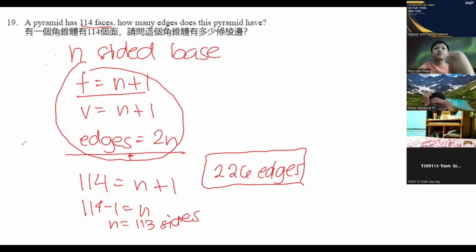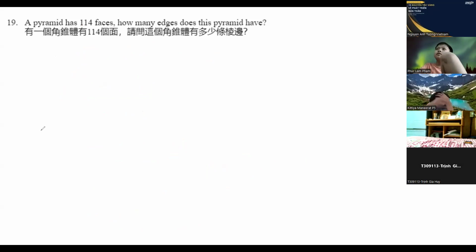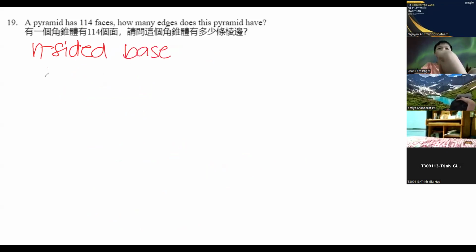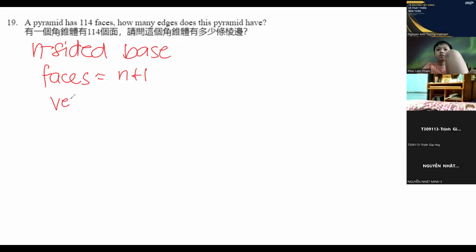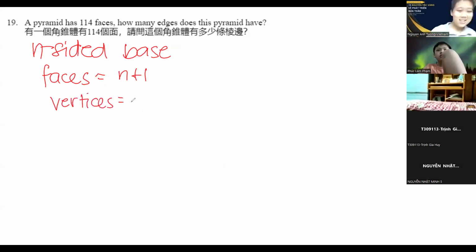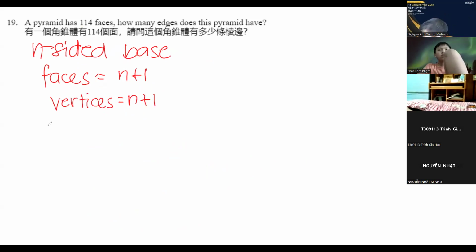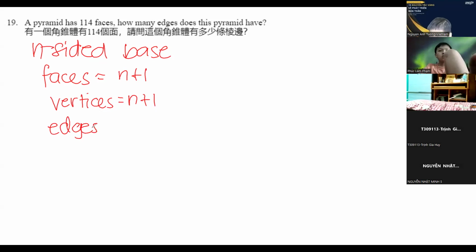Okay, one more time. To be able to answer this one, you have to memorize the formula. If you have a pyramid with an n-sided base, n being a variable, then the number of faces will be equal to the number of sides plus 1. The number of vertices is equal to the number of sides plus 1. The number of edges is equal to 2 times the number of sides.